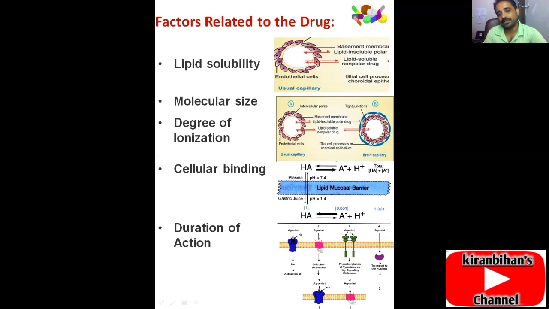These are proteins. We can say these are the drug receptors. When a drug extensively binds with these cellular components, the drug will have a low volume of distribution. Duration of action also has an effect on the volume of distribution.